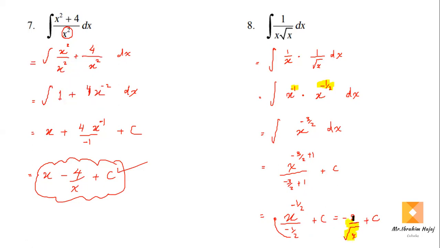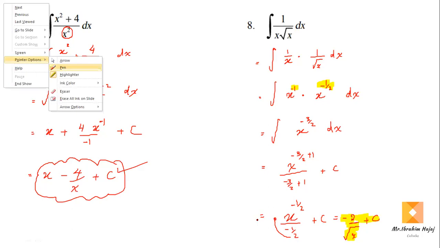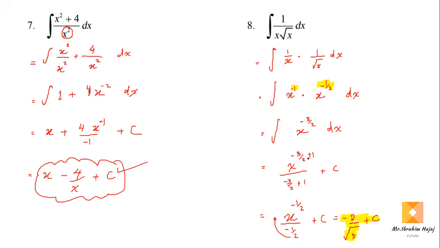Mr., can you repeat the last part? The last step: we just added 1 to negative 3 over 2 and divided by the new exponent, which gave us negative half. Dividing by negative half, in the complex fraction 1 over negative 1 over 2, the denominator of the denominator becomes a numerator, so the 2 goes up.